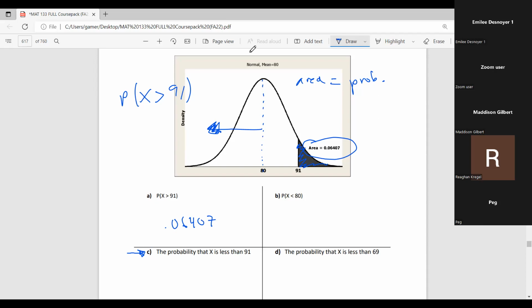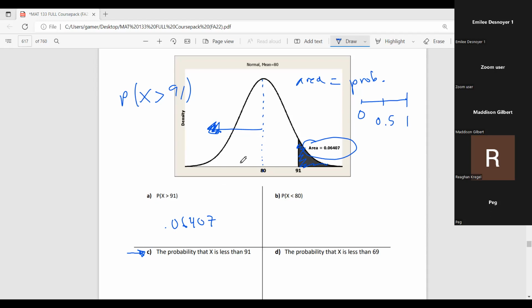Remember the numbers that probability can be? A number between 0 and 1. That same thing applies here: the area under the curve is a number between 0 and 1. So, Reagan, you got it.